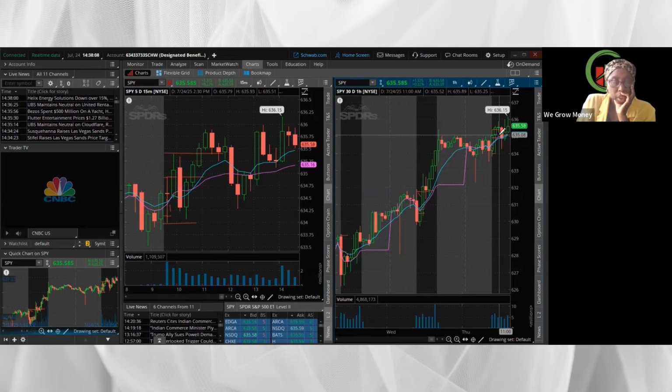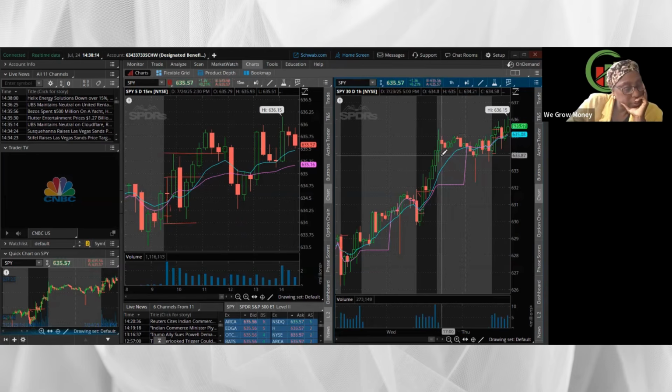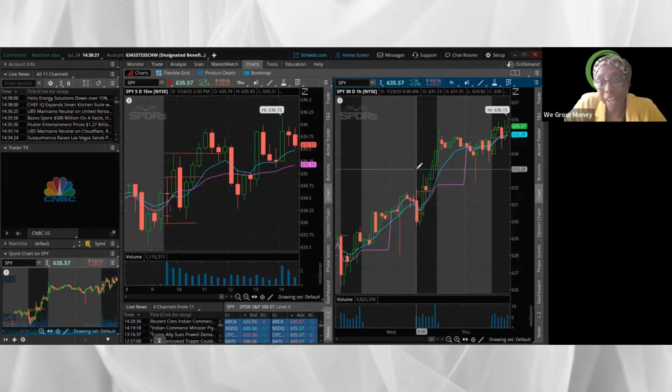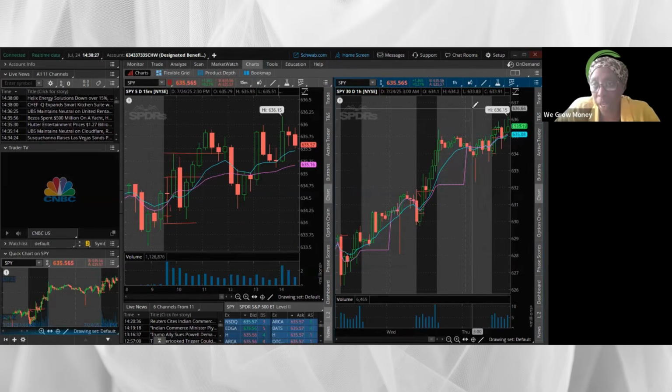Looking at this right here, SPY 630. What is it now? 635. The break even is 638. You can set an alert to let you know when it gets to 638. But I don't care about that, because you may only need it to go $2 to get your 25%.